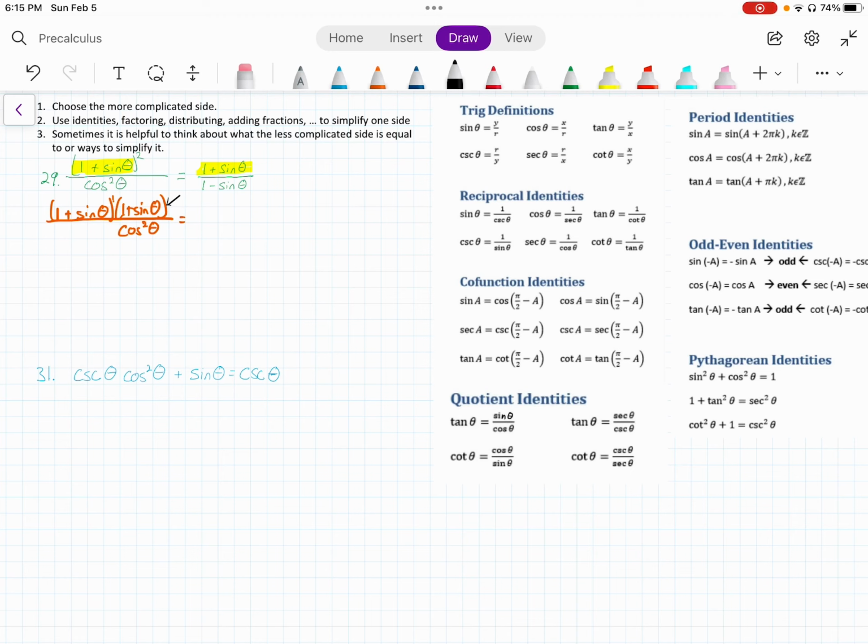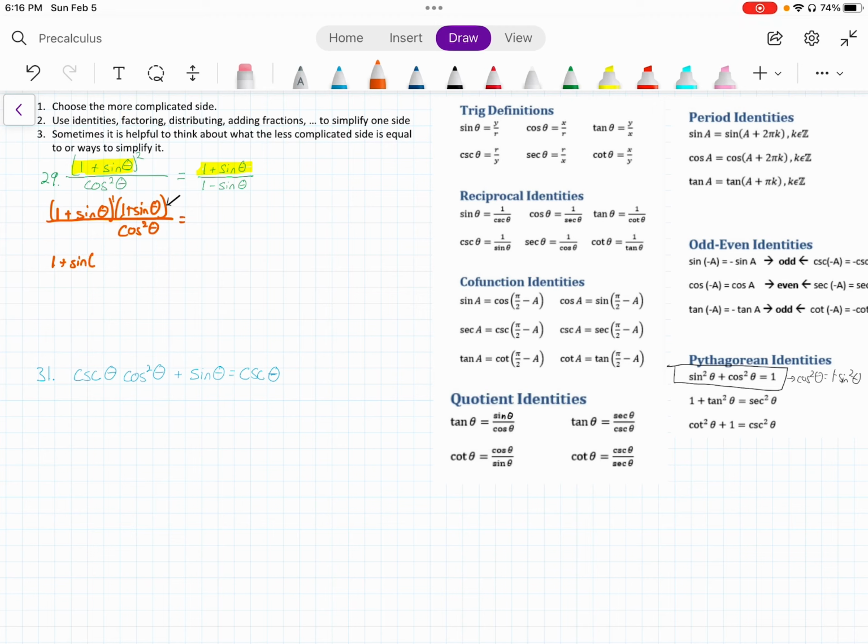As mentioned before, for cosine squared, maybe we want to look at Pythagorean identities. So I'm going to come down to the bottom right here and look at this Pythagorean identity that does involve a cosine squared, and I could solve for cosine squared and get that cosine squared is 1 minus sine squared theta. It's really small down here in the corner, and that's now got it in terms of sine squared. So my next step is I'm going to keep the 1 plus sine theta.